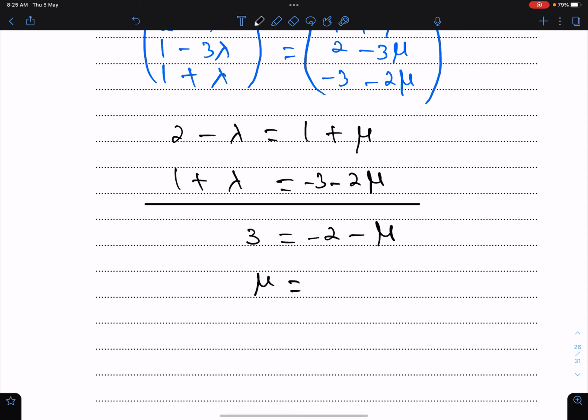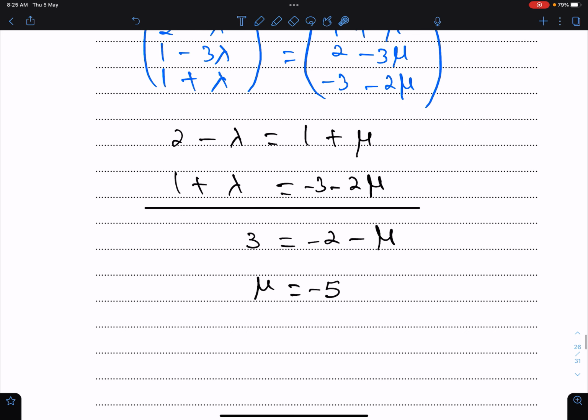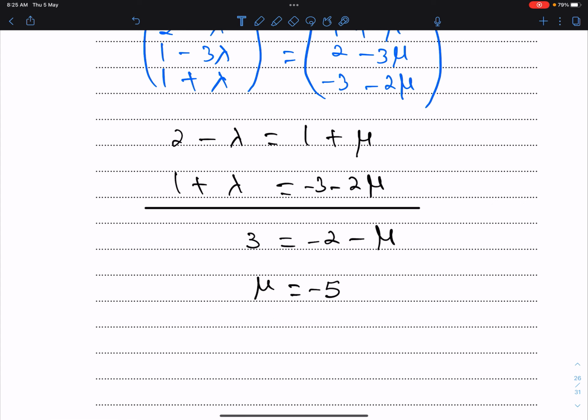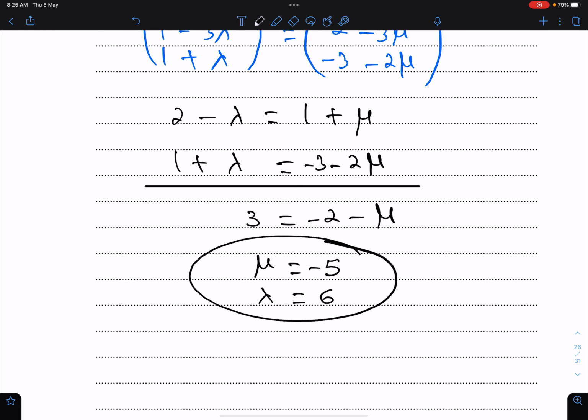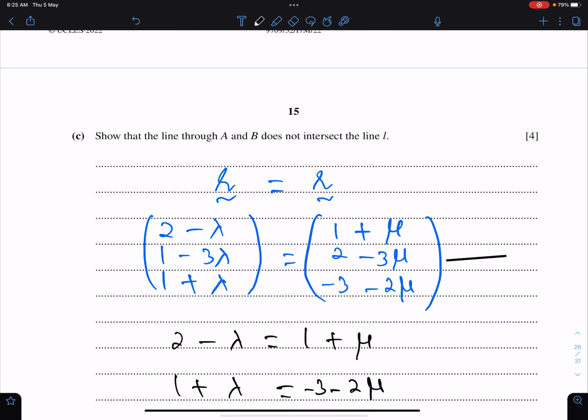So mu is minus 5. By substituting this mu into this equation, we have lambda. So lambda is 6. Now we have to substitute these two values, mu and lambda, into this equation because we did not consider this equation for solving.